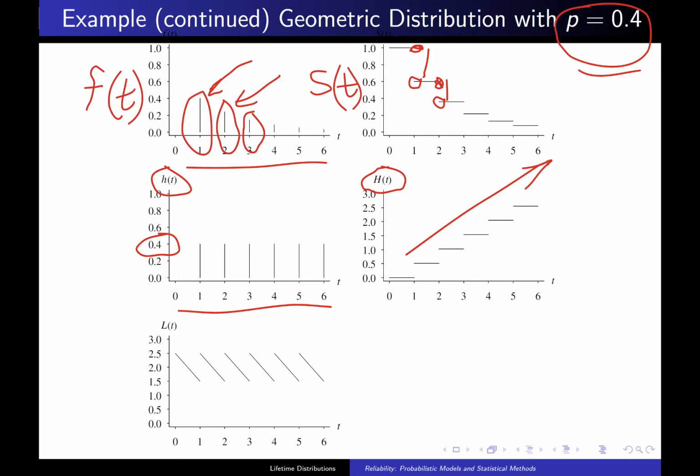Finally, the mean residual life, let's just do L of 0 real quick. L of 0 is that one special case of the mean residual life, and it is the expected value of t.